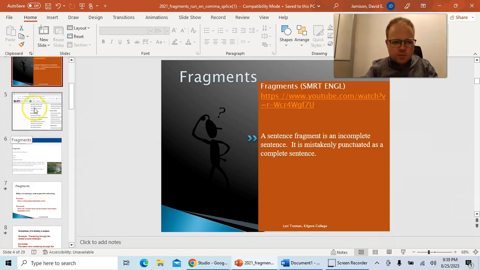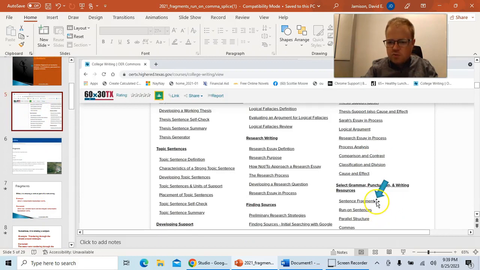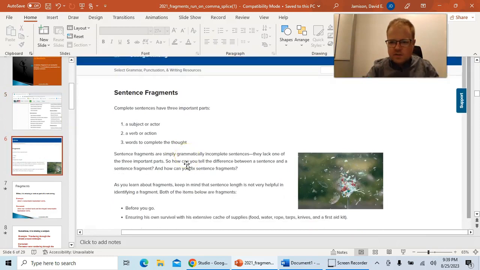Mostly we'll focus on the fragments because that's the most complicated part, but then we'll get to the other sentence problems. So in slide 5 here, she points out where in the OER, our open source textbook, you can find the part about sentence fragments, and then it has the chapter here.